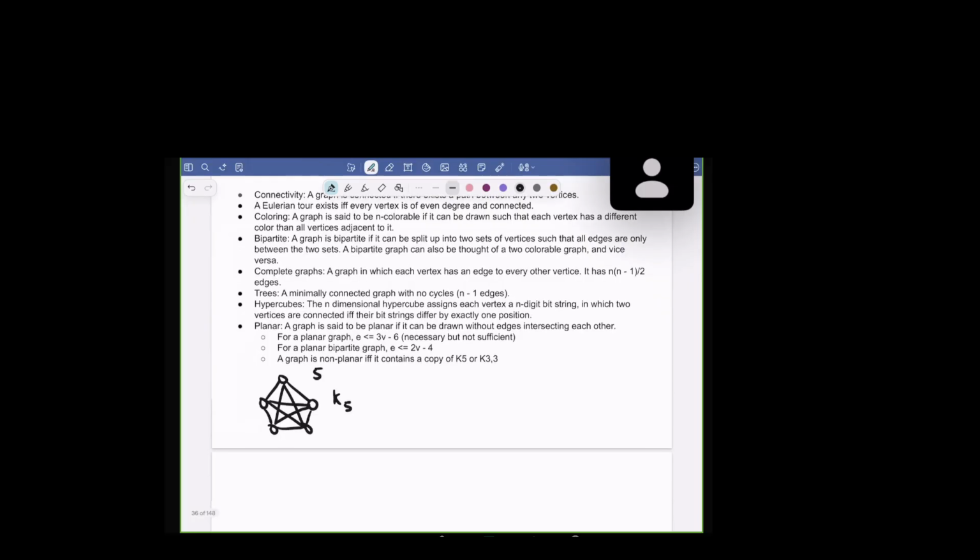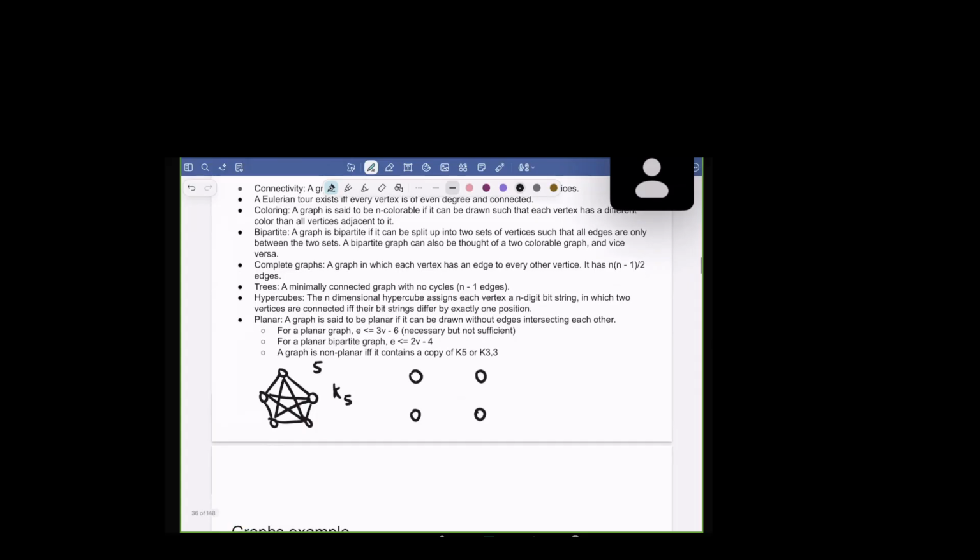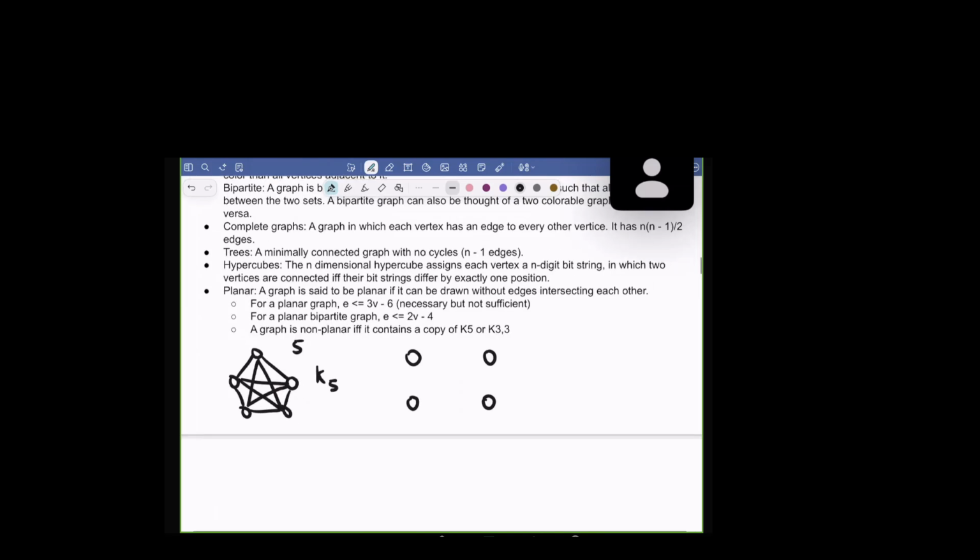And then recall that a hypercube is a graph where each vertex is assigned an n-digit bit string. Let me do the very basic case of a 2-dimensional hypercube. We would have, let's say, this is 1,1, this would be 0,1, this would be 1,0, and this would be 0,0.